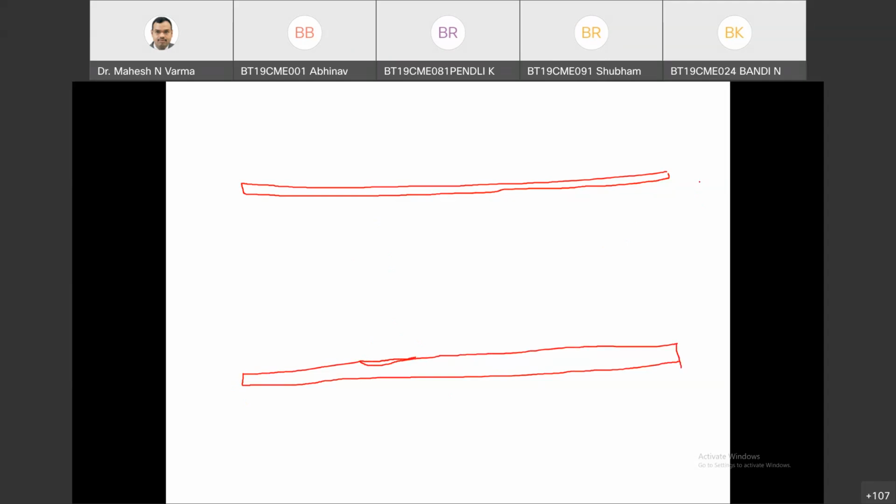So this distance is 2b. What is the length of the plate? L. So this is the length of the plate.